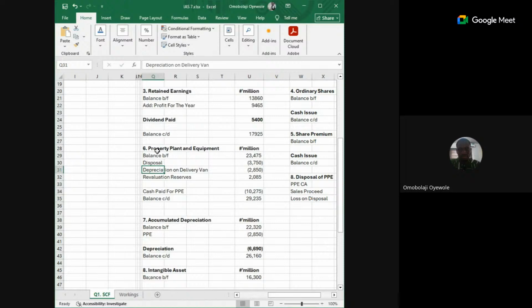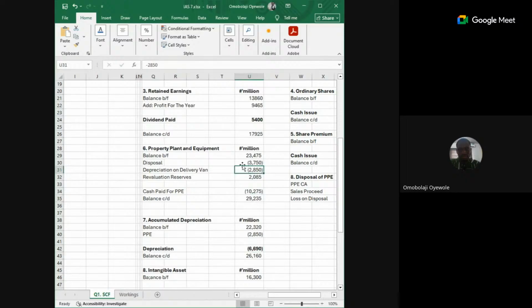All we know is that we have a carrying amount on delivery van. So we can't use the value of delivery van alone to charge depreciation for the period. This figure is supposed to be the total depreciation for the period.